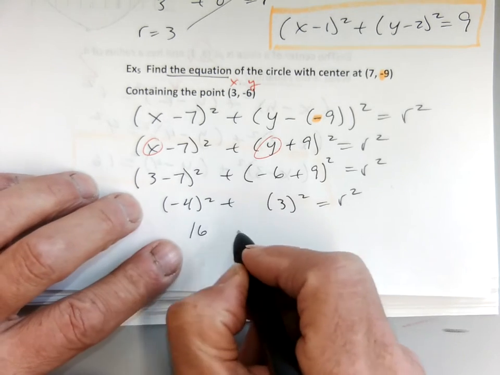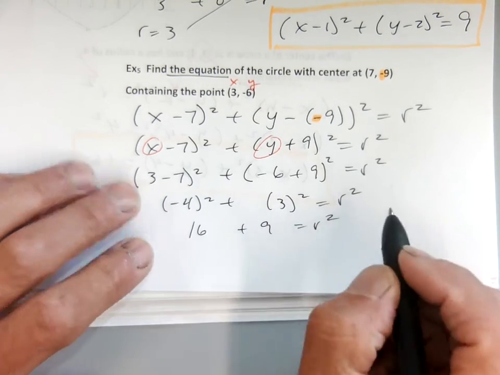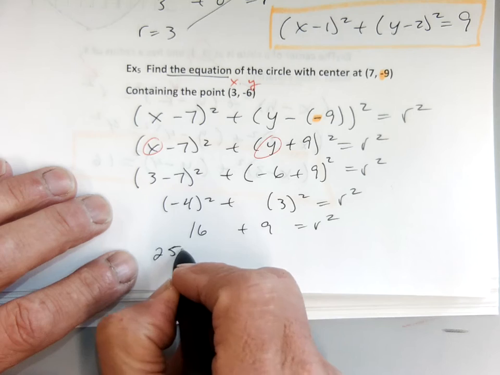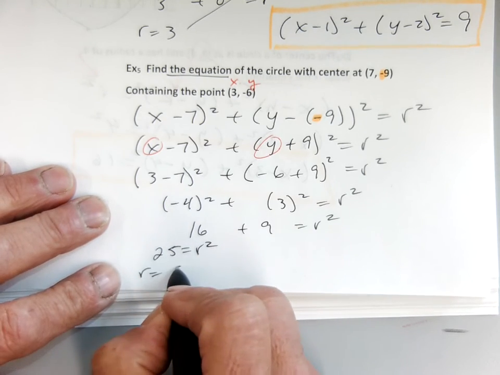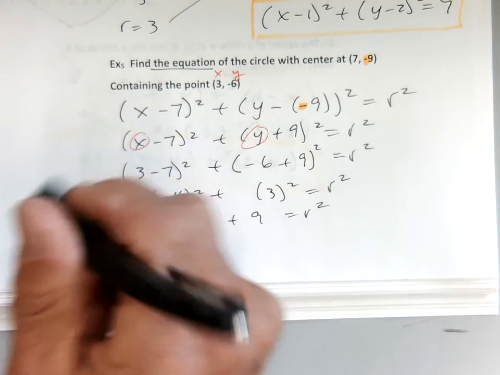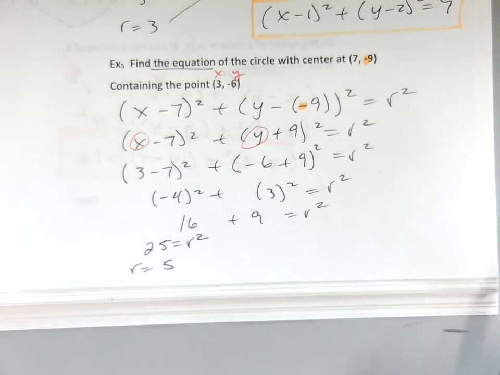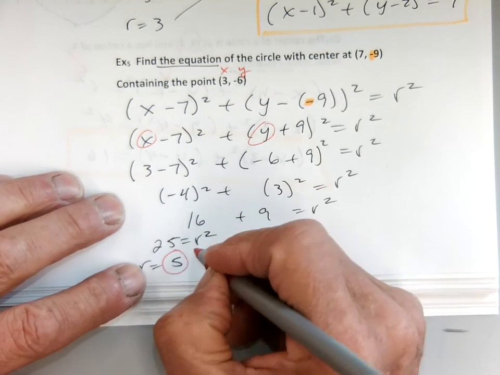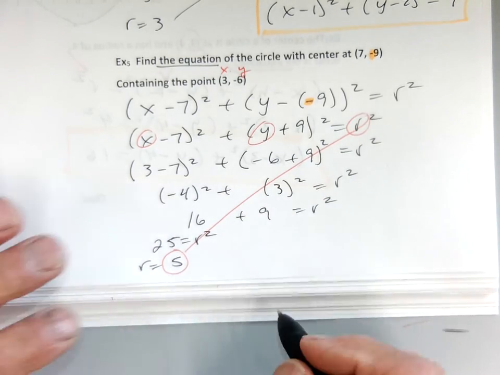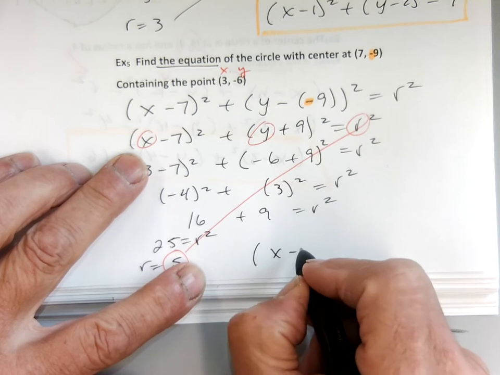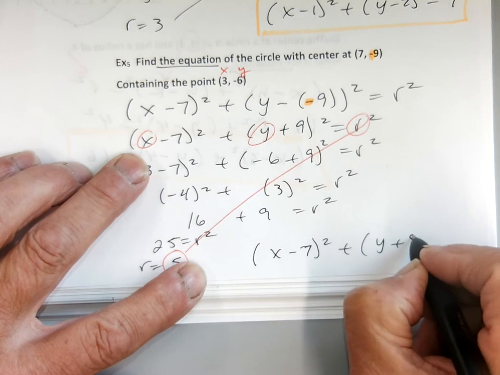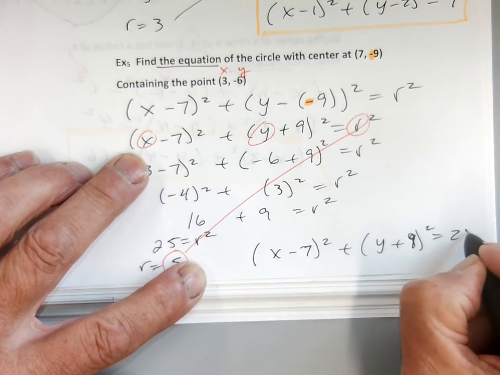I'll have a positive 16 plus 9 equals r squared, which tells me that r squared is 25 or r is 5, right? So let's rewrite. I want the equation. I'm going to put the 5 squared right there, and I'll have my answer. So the equation is x minus 7 squared plus y plus 9 squared equals 25, or 5 squared, okay?